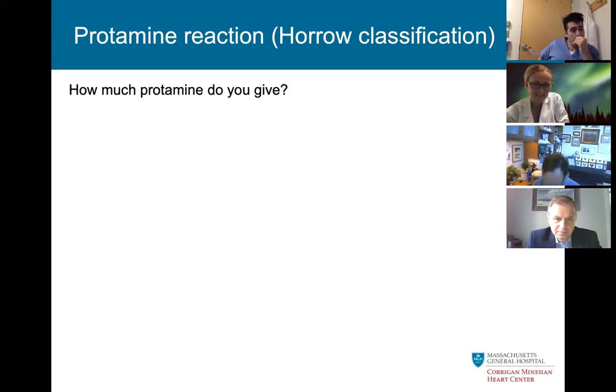The LV vent is not a de-airing vent, so don't think that you're going to de-air through the LV vent. It is meant to suck out volume and decompress the LV. There's a lot of air that is stored in the lungs during the time when the lungs are not being inflated during bypass, so you can get some air out by inflating the lungs. And then head up, head down in whatever ways you're going to vent is individualized. But just remember, you have to de-air.